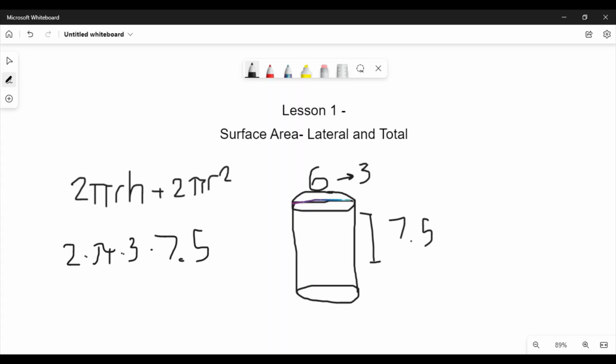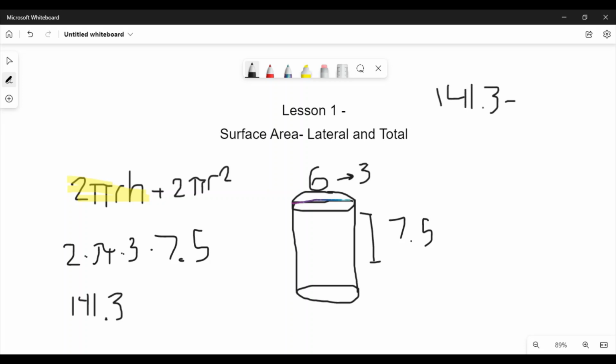And I got 141.3 for the first part here. So, okay, there you go. 141.3. So that is the first part. So now we can fill that in the equation.